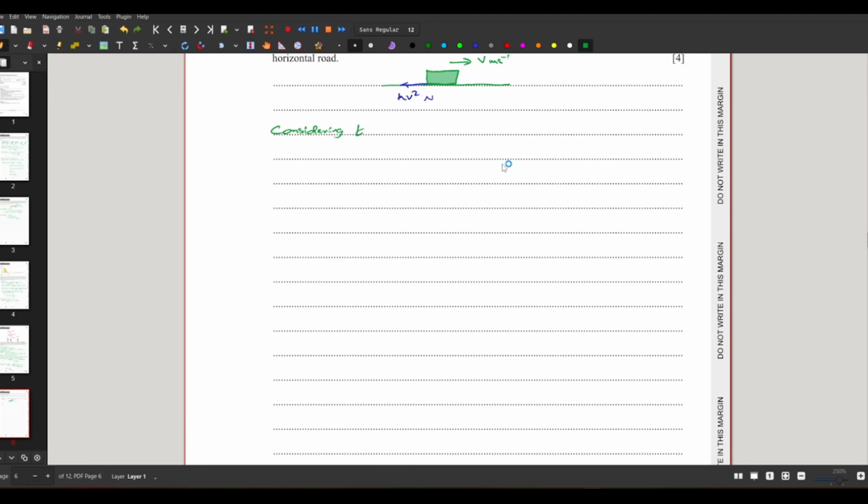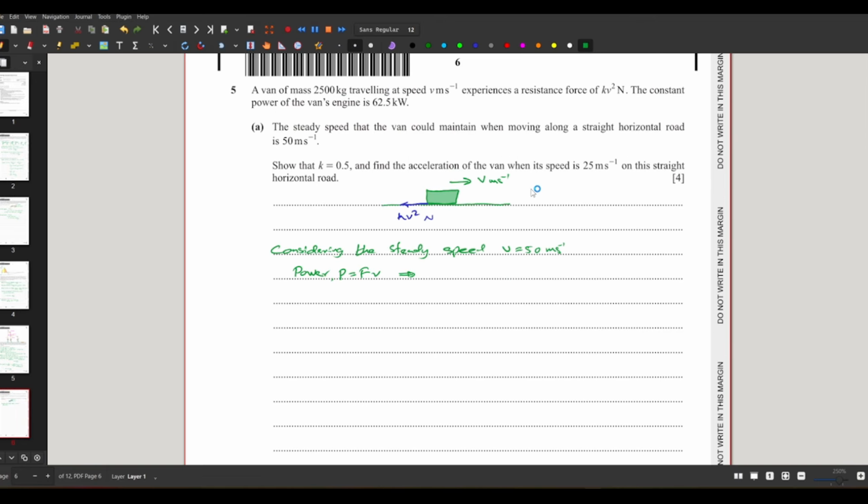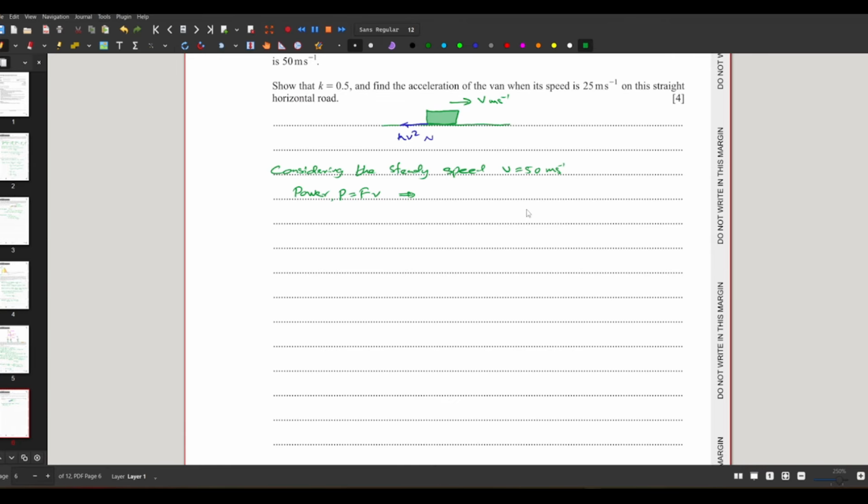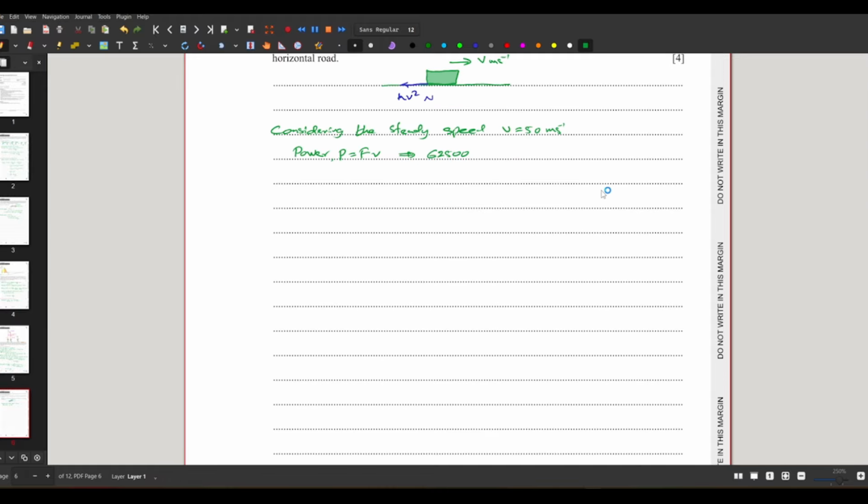Considering the steady speed v equals 50 meters per second, we can write power equals Fv, right? Power was 62.5 kilowatt, that means 62,500 watt.